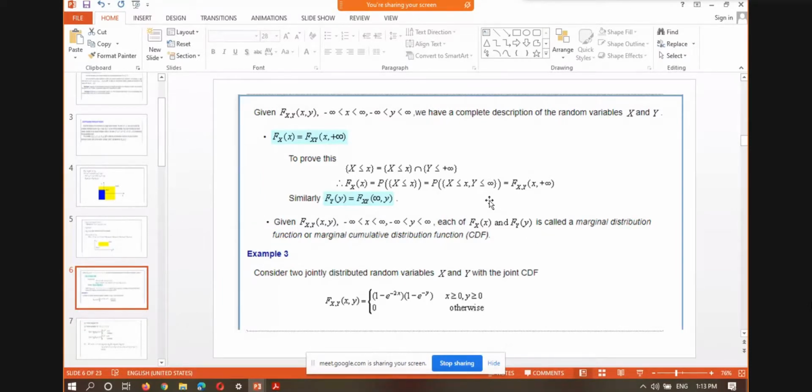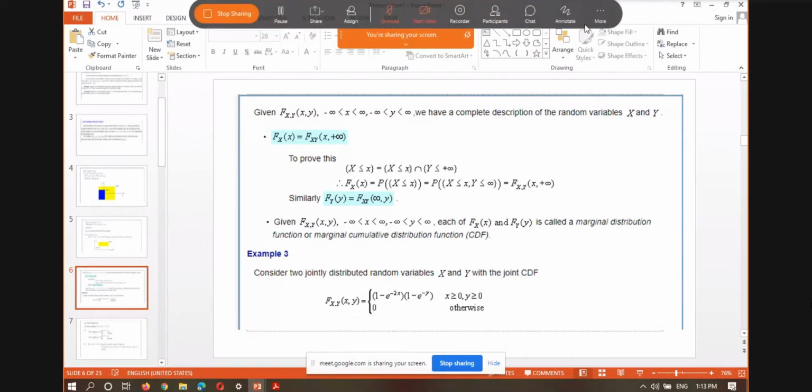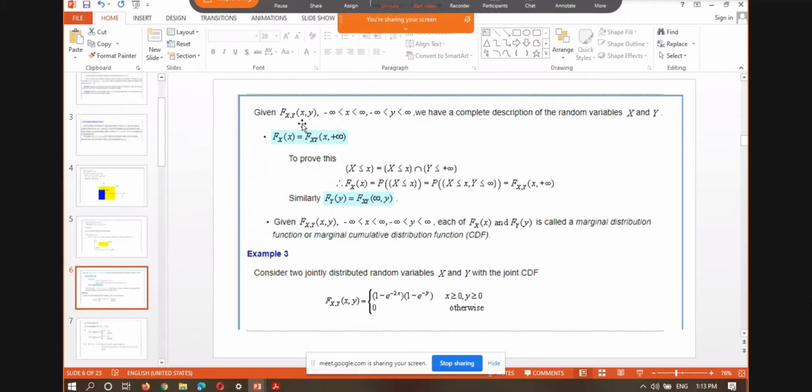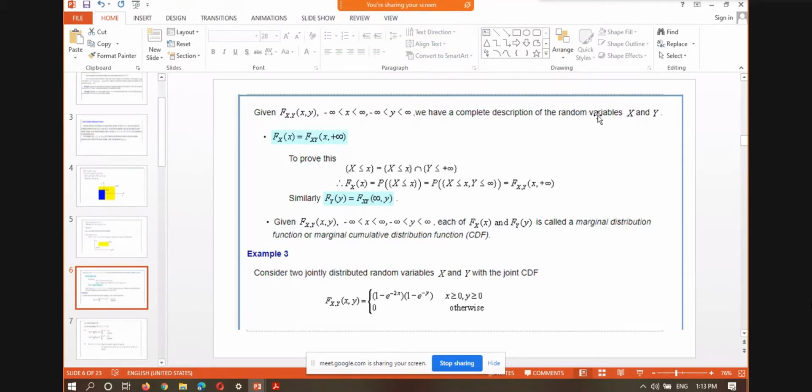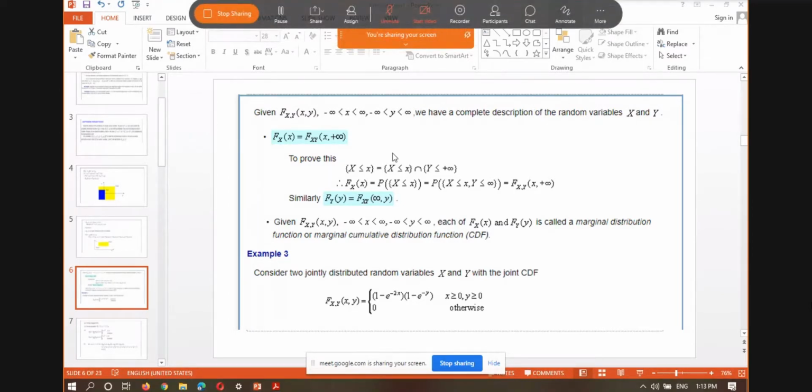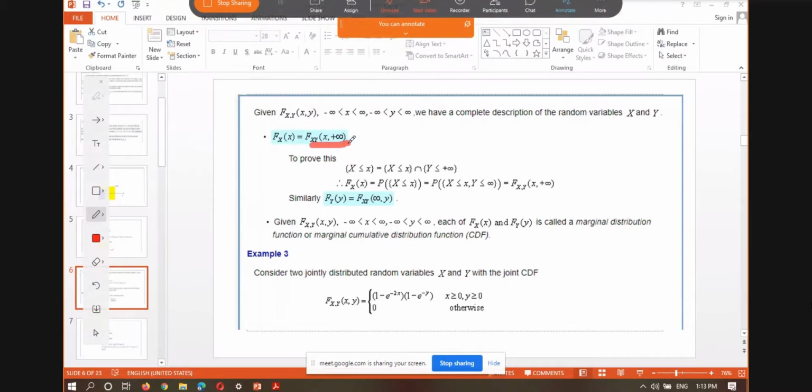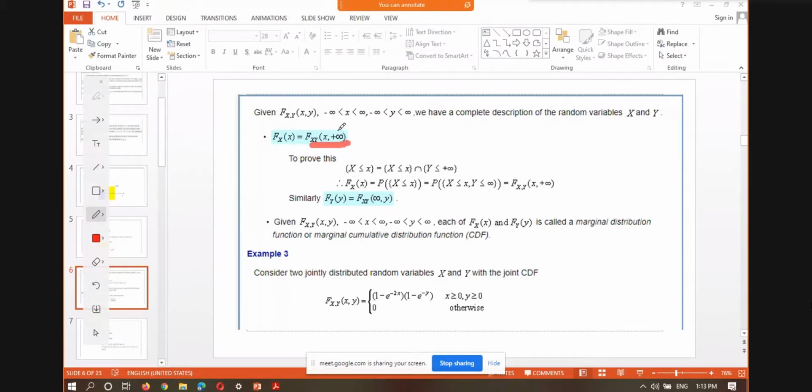Then we have talked about the marginal distribution function, that from the joint distribution function we can calculate their marginal distribution functions. So here, if this is joint, because x and y are two random variables, if we replace y by plus infinity, what does it mean?